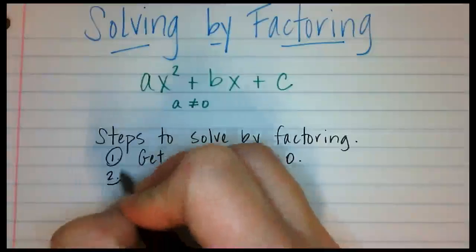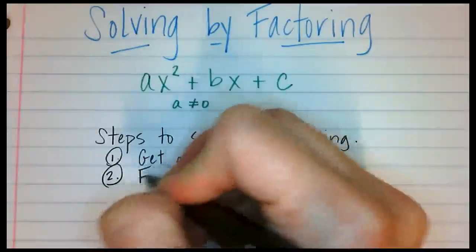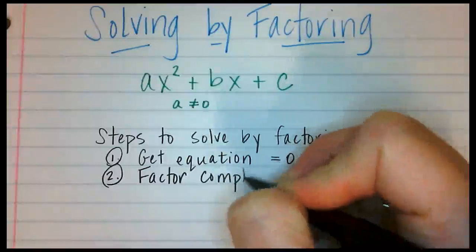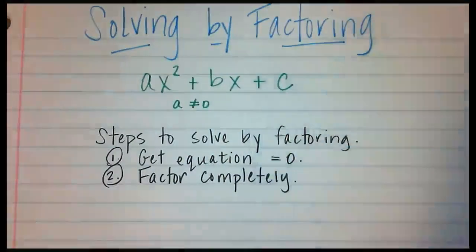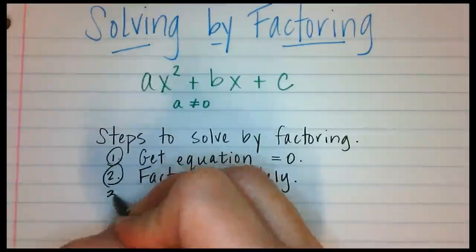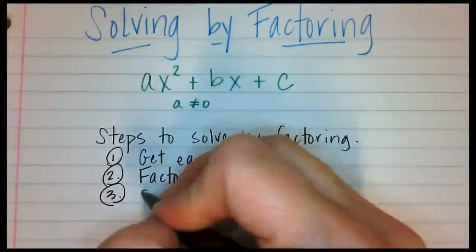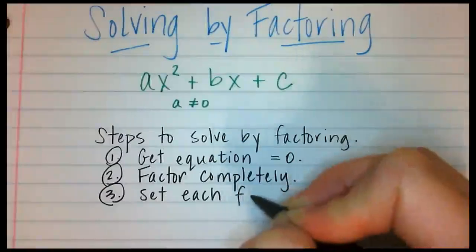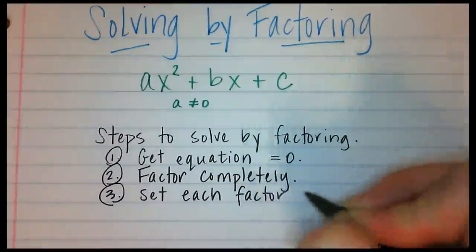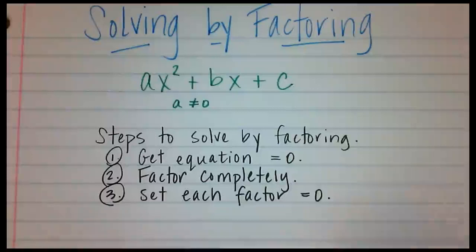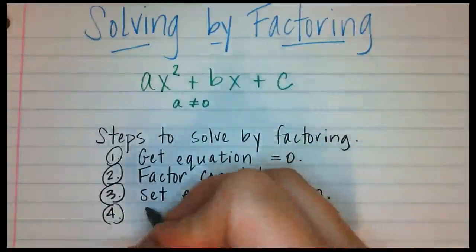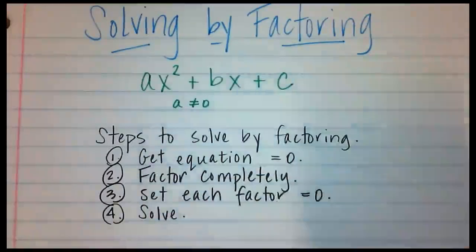Second, factor completely, so that's what we've been working on. The third step is to set each factor equal to 0, and I'll show you what that means in just a second. And the fourth thing you need to do is solve the equations.